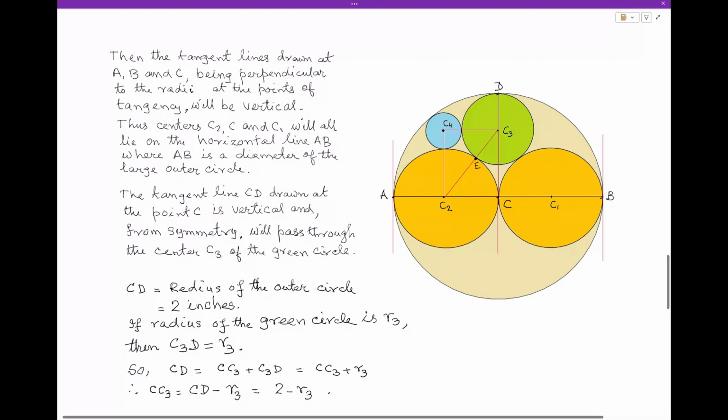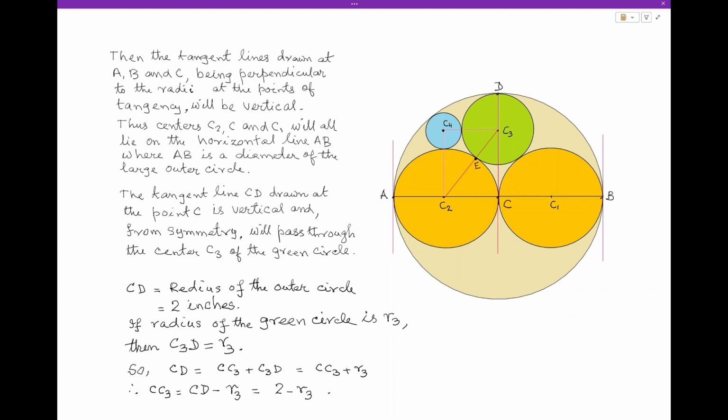Then, the tangent lines drawn at A, B and C, that is this tangent line, this tangent line and this tangent line, being perpendicular to the radii at the points of tangency, will be vertical, because this line is horizontal and this is perpendicular to that, this is also perpendicular to that, this is also perpendicular to that.